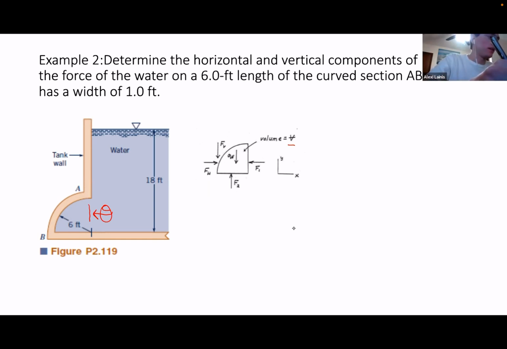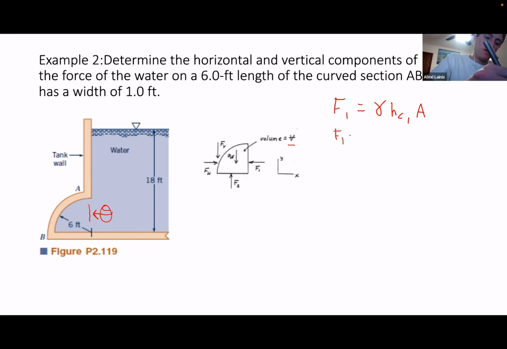First we're going to calculate F1. So force 1, F1, is the force on the side. Like we've been doing a lot before, the force 1 is going to be gamma times HC, we'll call this HC1, times the area. So, this is a pressure, and this is times an area, and we get a force.